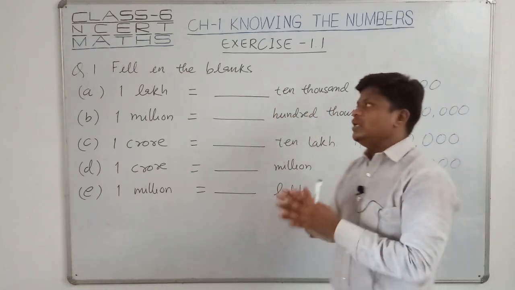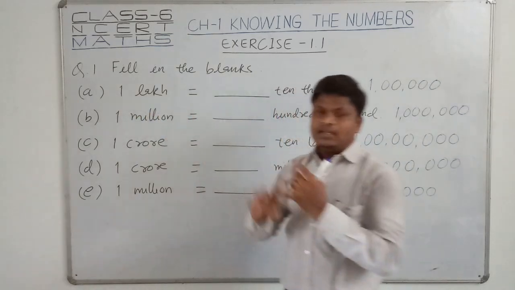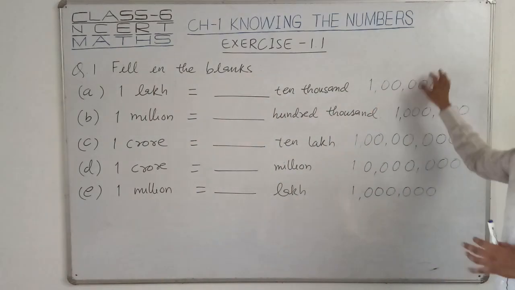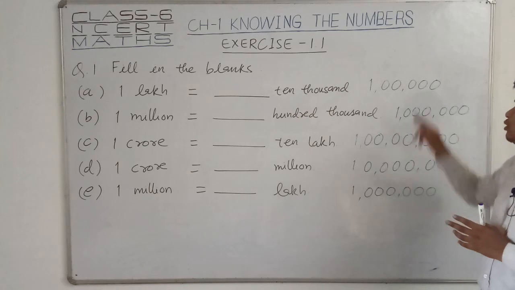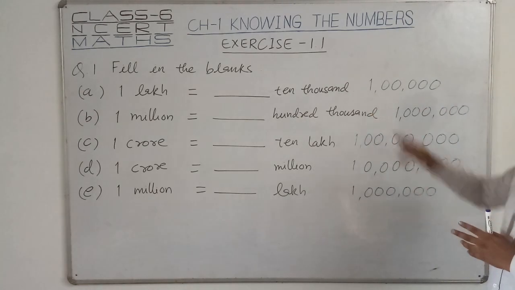So as we know the Indian system and international system, we can see that 1 lakh is in the Indian system, right? I have written 1 lakh here, and according to the Indian system of numeration we write 1 lakh in this way. We put the comma after the 3 and after the 2, so that would be 1 lakh, right?